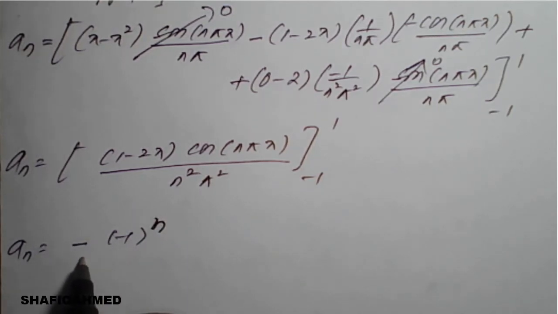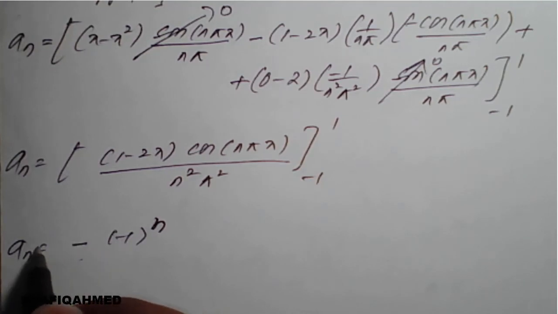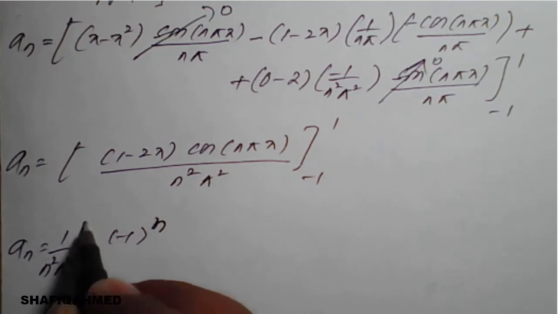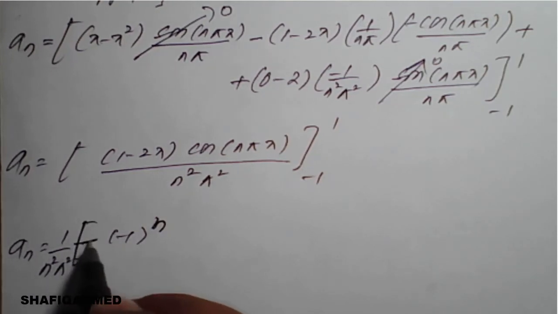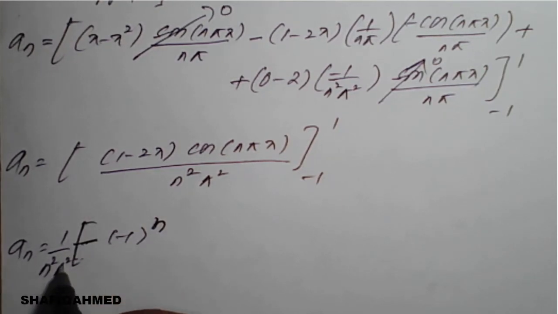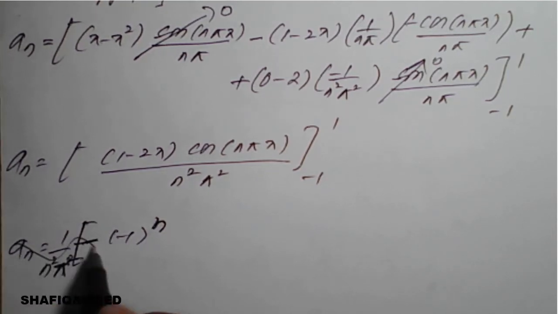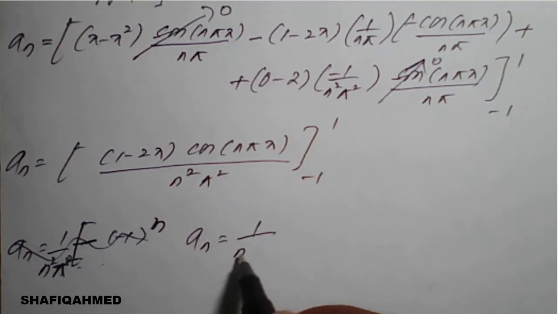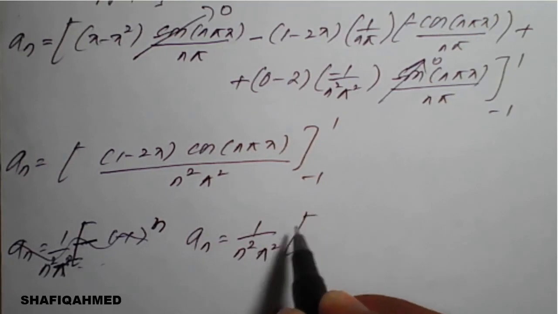This is the upper limit. So what I will do here, 1 upon n square pi square I will take common. So I'll rewrite, a_n is equal to 1 upon n square pi square common.